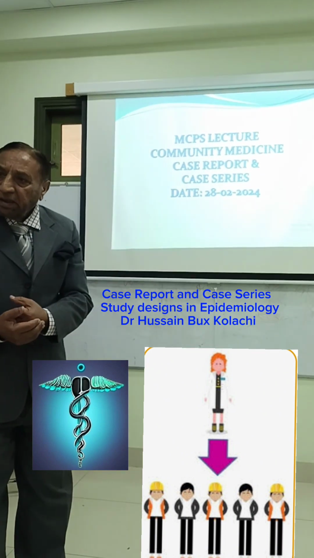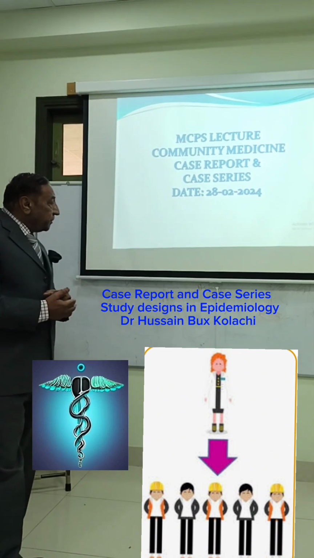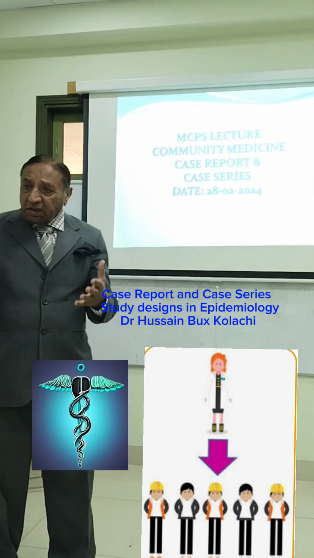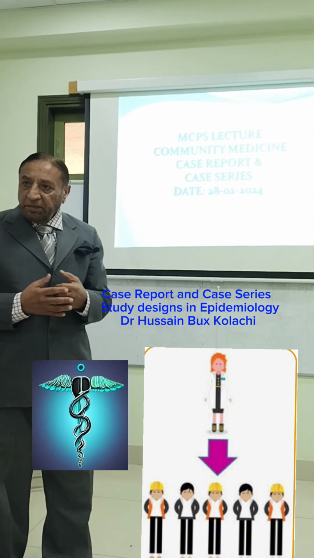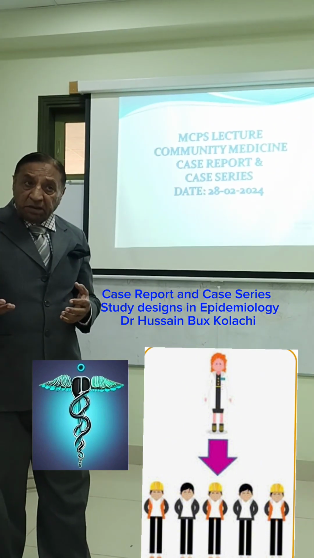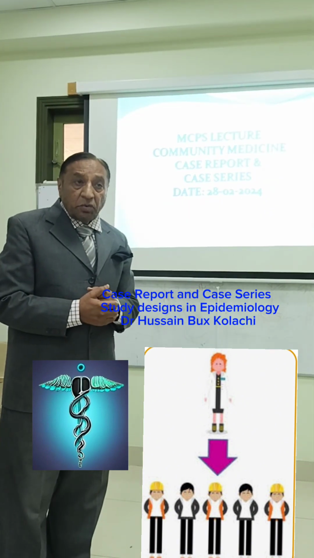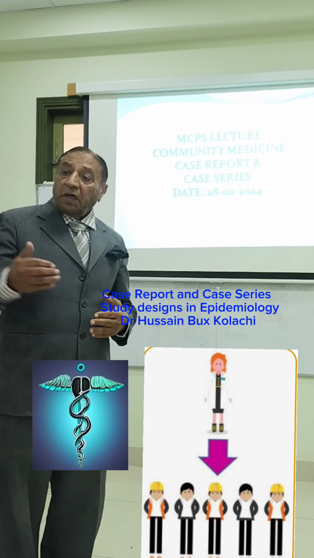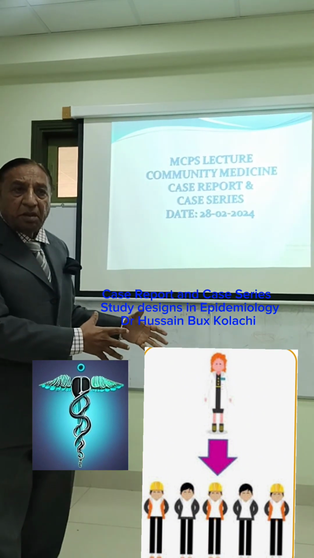So in analytical, basically we are comparing, and in the descriptive, we just describe in terms of time, in terms of place, in terms of person, but we don't have a comparison group, or we are not following them for a long time, or we are not going backward to see their records.